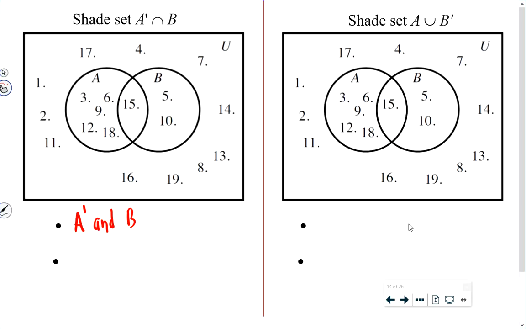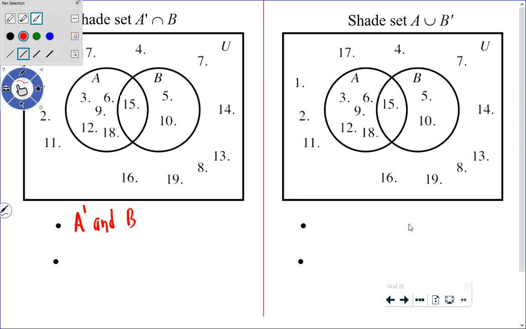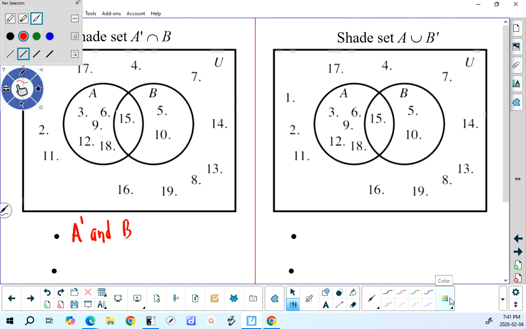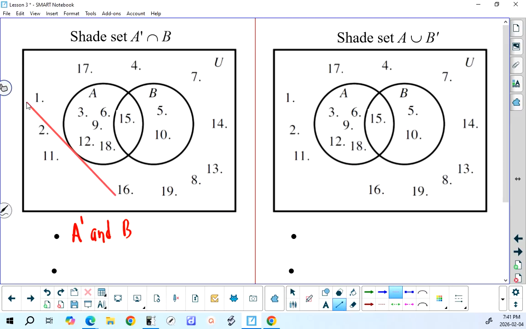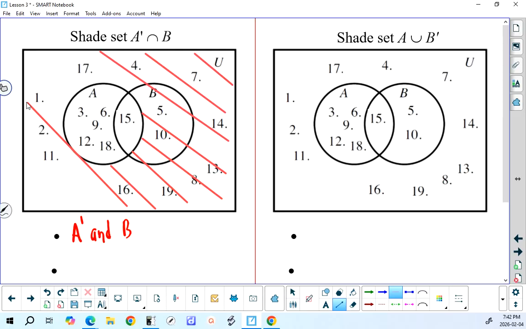I'm just going to break out of this view. If I shade not A, it will be the following. Not A will be... I'm not saying this is the way to go. I don't like this, but I've seen people do it, and maybe it's because it makes sense to some people.